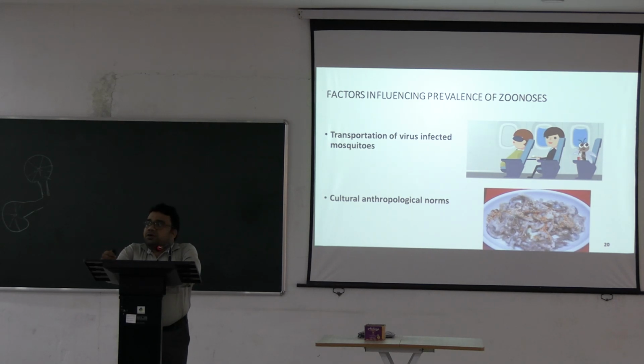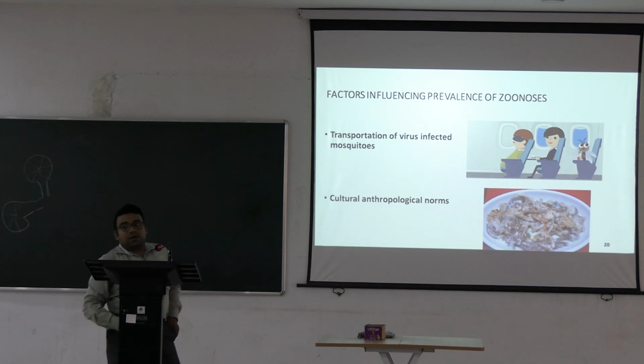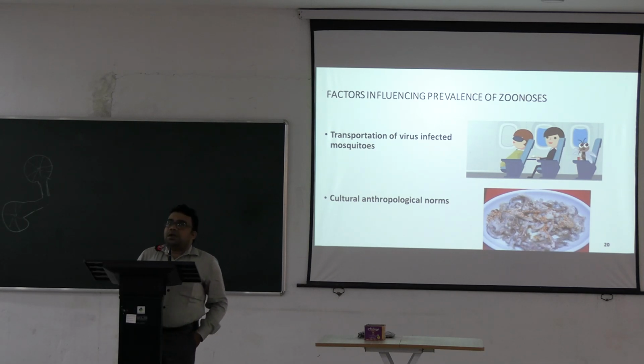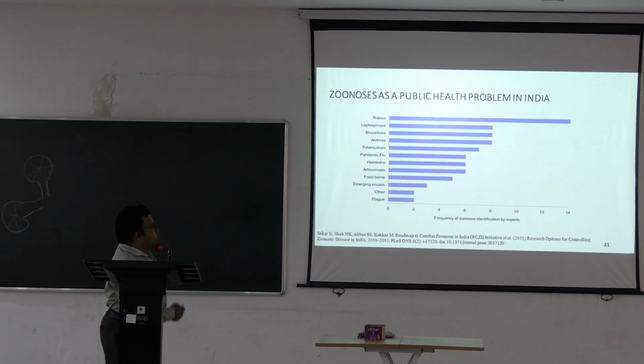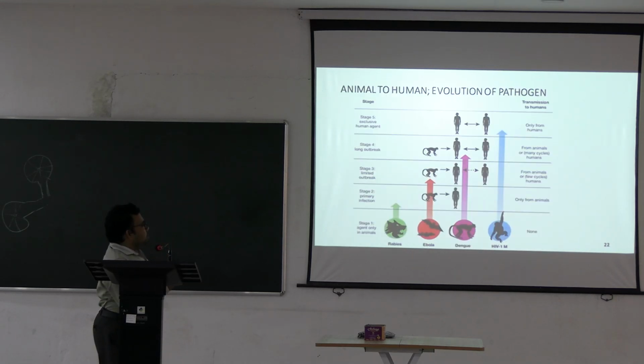I think you might be aware in some regions, some people have, I would say, bizarre food or eating habits. So, for example, I have shown the picture of octopus. Some people are eating octopus that is not properly cooked. So, any pathogen that is prevalent in the marine ecosystem can gain access to human beings. So, these are also factors which cause this.